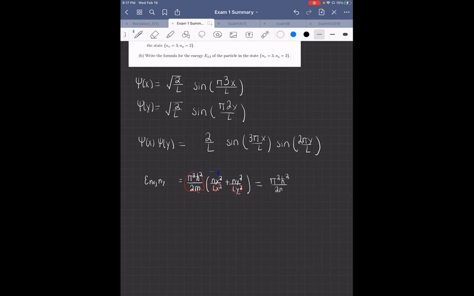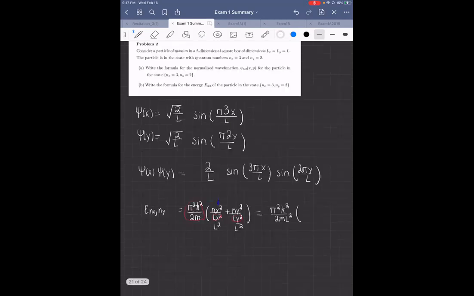Since Lx and Ly are equal, this is just L squared and L squared, so we can simplify L squared out. Then we have nx and ny, so it's 3 squared plus 2 squared. This is equal to pi squared h bar squared over 2m L squared times 9 plus 4, which is 13.